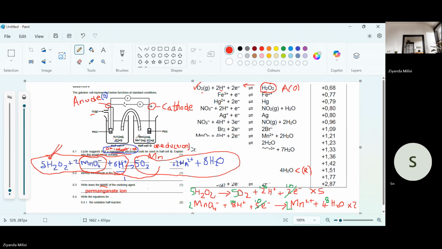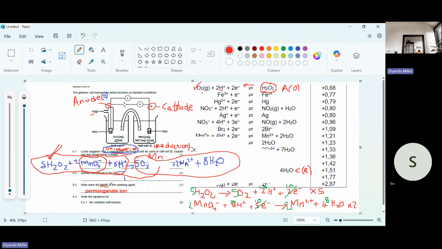If you look on the other side of the reaction, this side, it's where reduction is taking place. On this cathode where there is MnO4 minus, which means MnO4 minus is reduced. Therefore, MnO4 minus is an oxidizing agent.